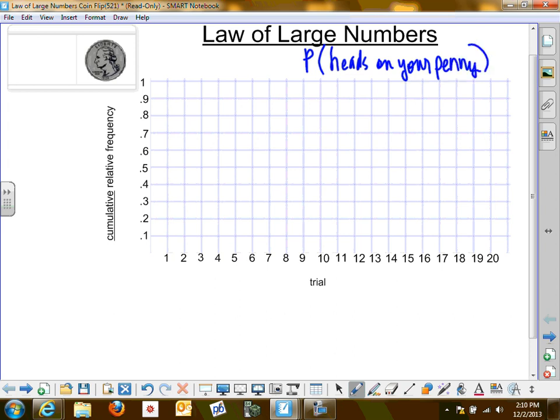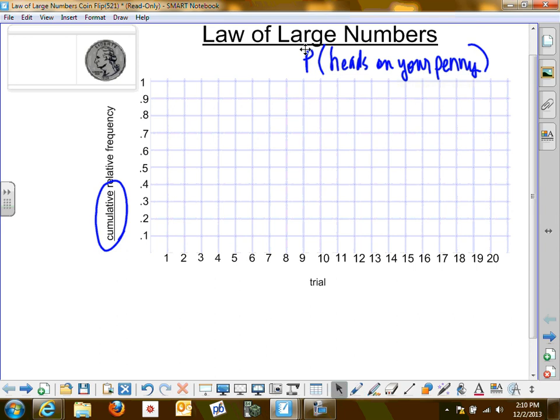Let's talk about the probability of getting heads on a penny. And this is going to be the cumulative frequency, so up until that point. I demonstrated on the top chart how your bottom chart's going to look once you start collecting your data.